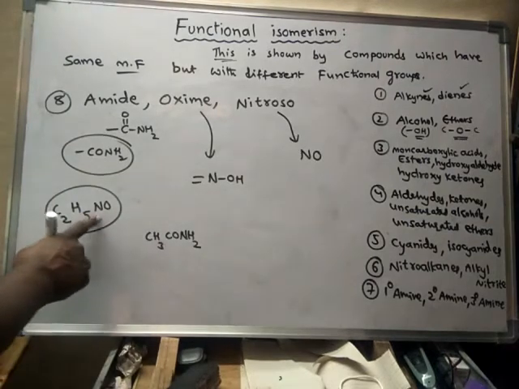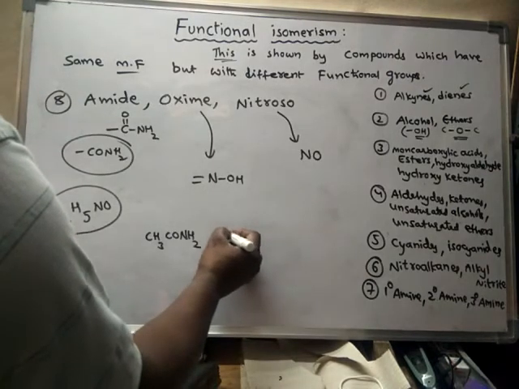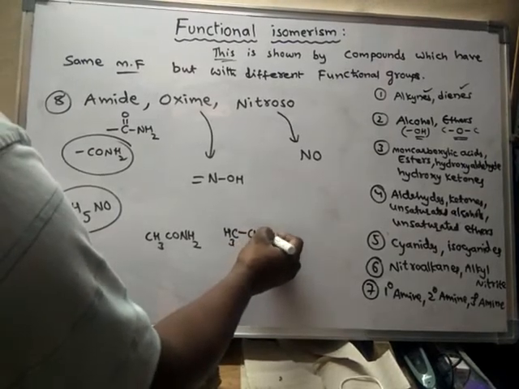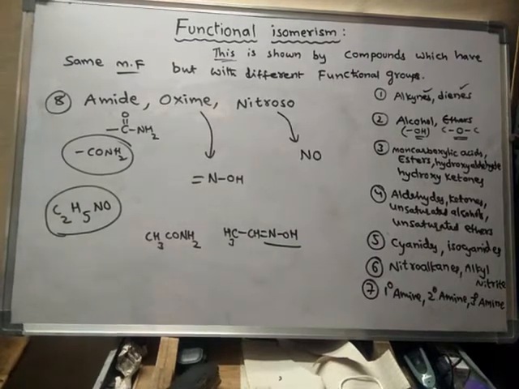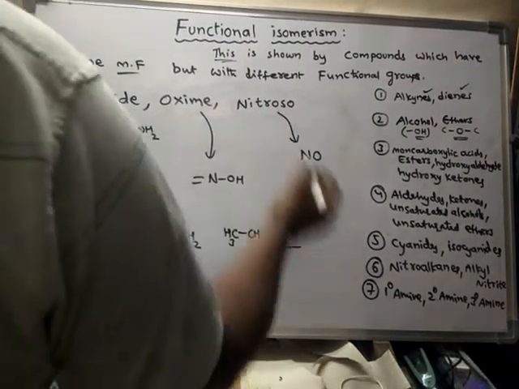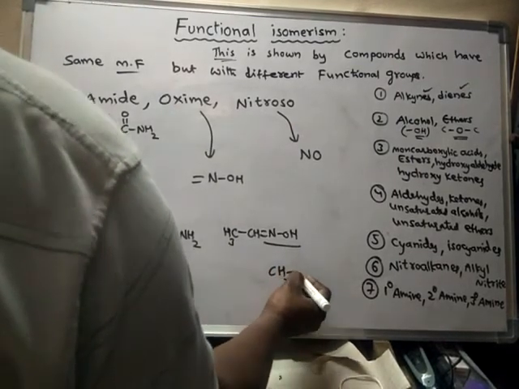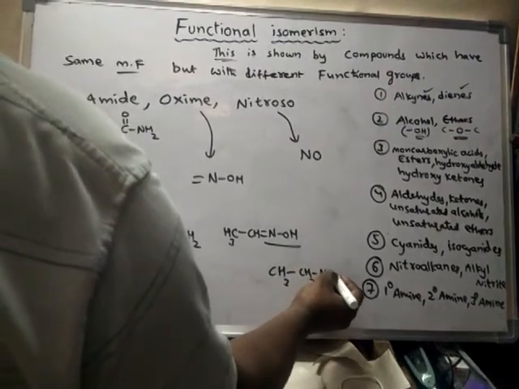With this molecular formula, I will write the oxime: CH3CH double bond NOH. This is oxime. Nitroso: CH3 NO.